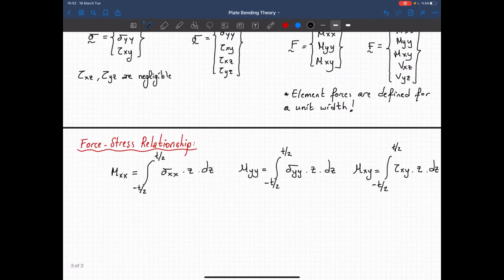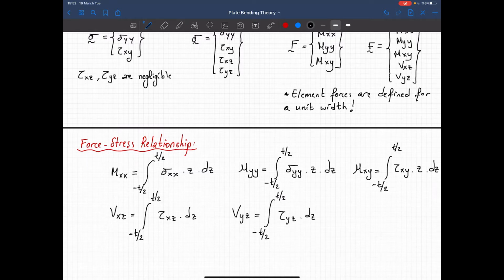We also have the shear forces. Vxz will be the integration of minus t over 2 to plus t over 2 tau xz times dz, and shear yz is equal to minus t over 2 to plus t over 2 tau yz times dz.